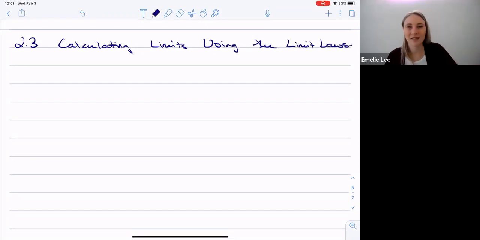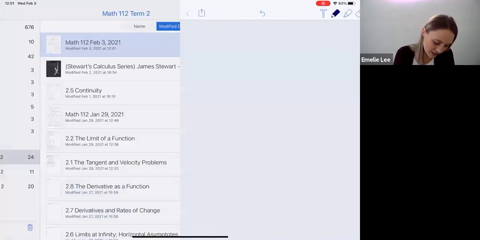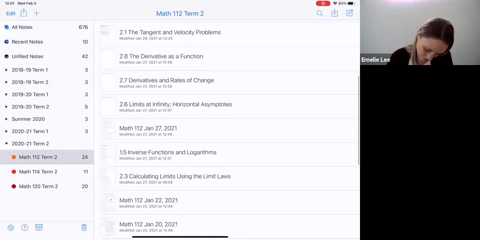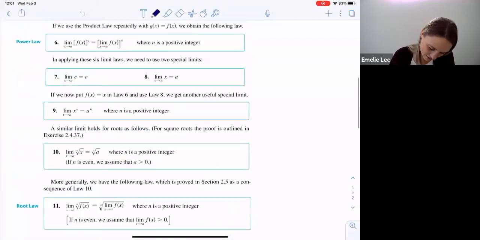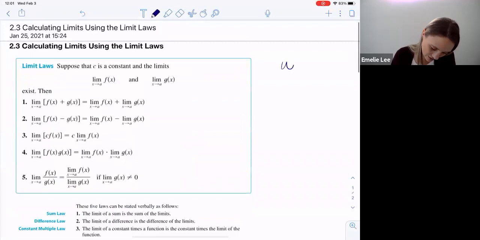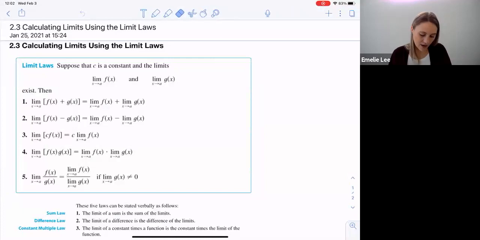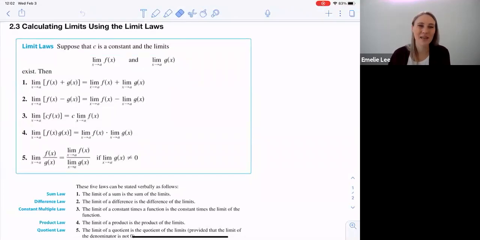There are lots of limit laws, and I've included them all in the handout. You'll see the whole first page of the section 2.3 notes, it's just a bunch of facts.